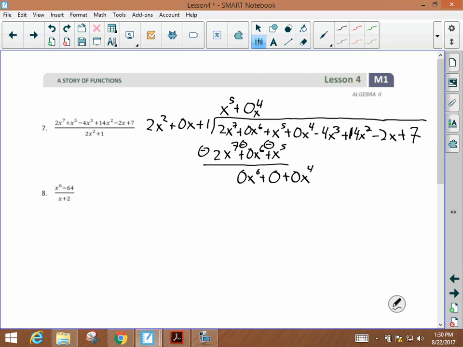We want those to descend, not ascend, right? All right. So now when we distribute that, we just wind up with a bunch of zeros, right? 0x to the 6, 0x to the 5th, 0x to the 4th.